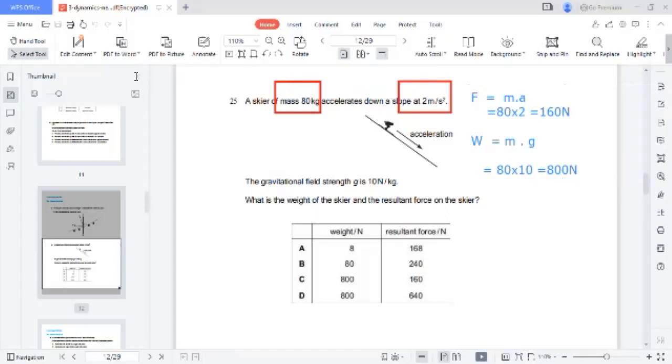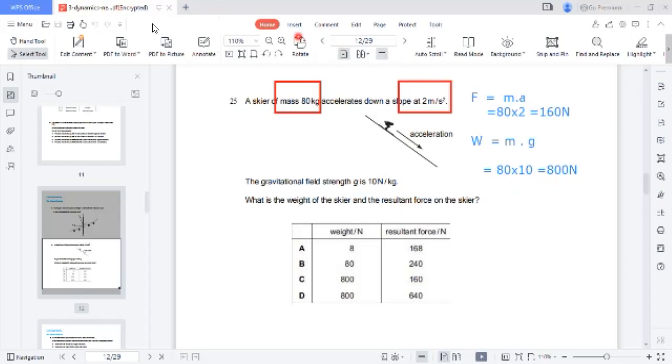There are no hints about the friction force, that's why that kind of force is not considered. The gravitational field strength, or gravitational acceleration, is 10, which I have used here. Weight is 800 Newton and the resultant force is 160 newtons.